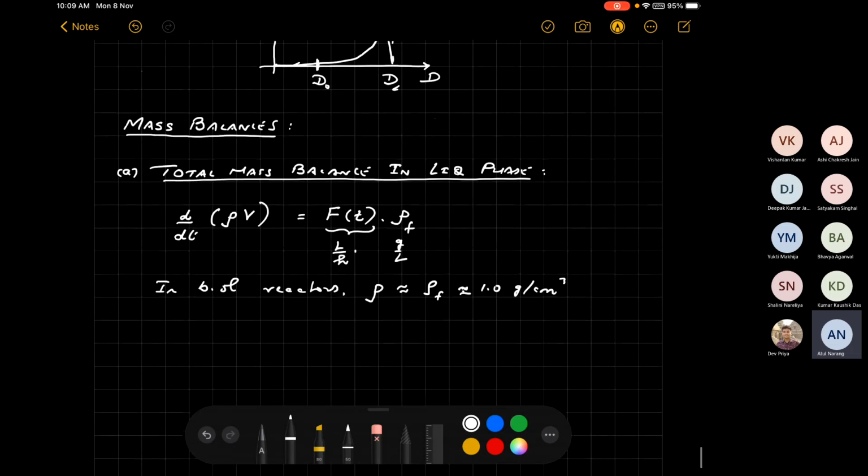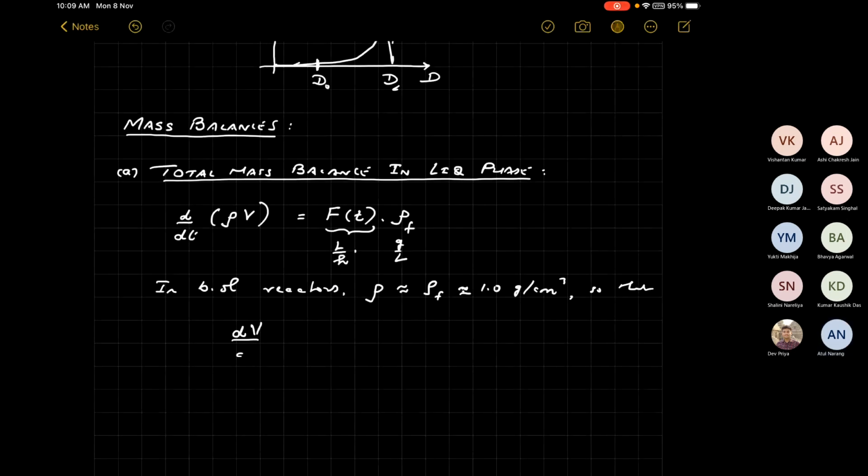So since rho is equal to rho F, you arrive at the relationship dV/dt equals F of t. Many people would use this intuitively without even giving it a thought.